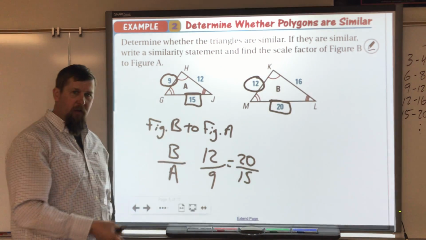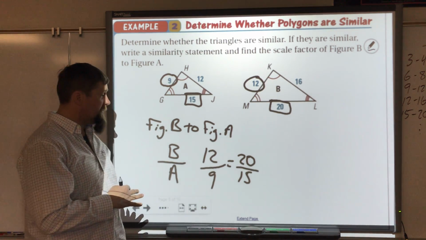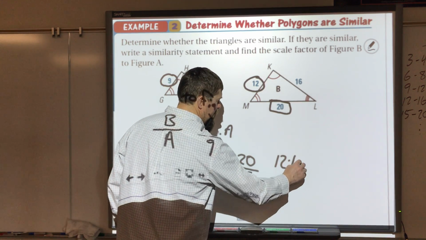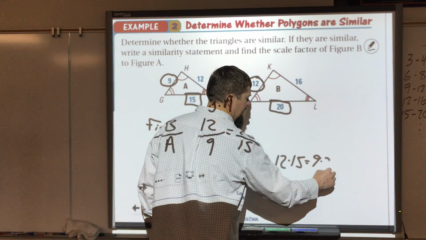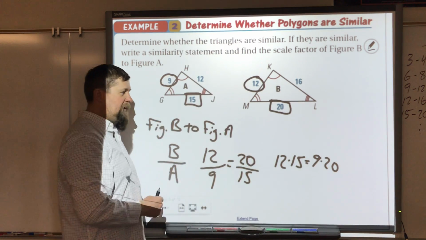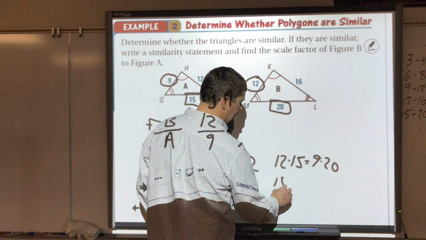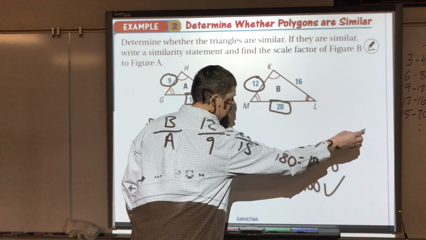Now, if I solve this using cross products, the products should be the same. 12 times 15 must be equal to 9 times 20 if these are exactly the same fractions. 12 times 15 is 180, and so is 9 times 20, so it checks off.